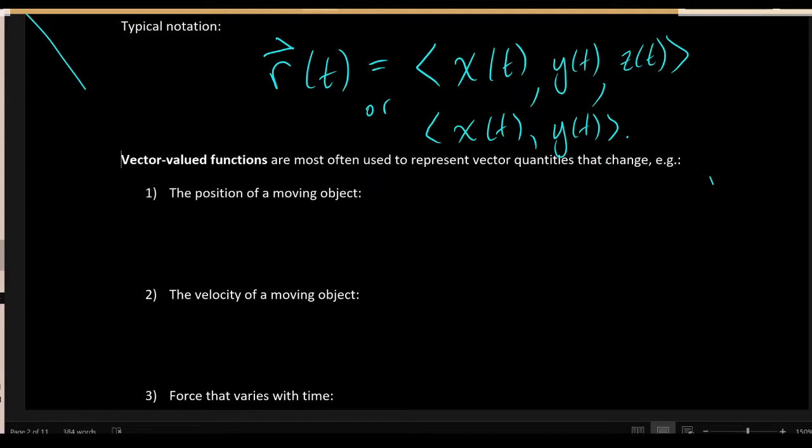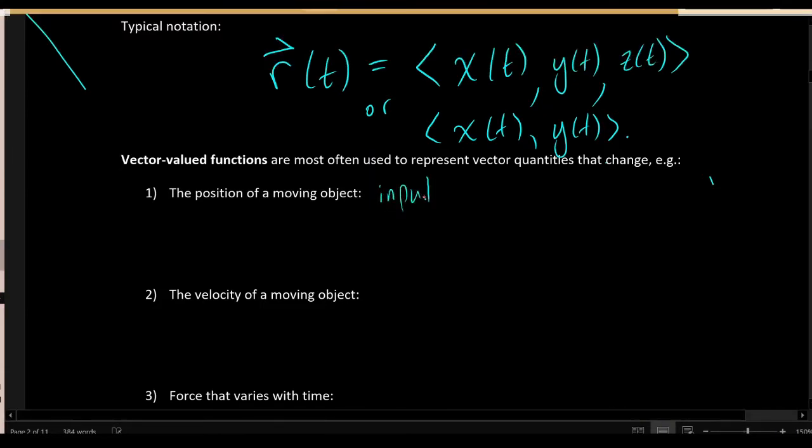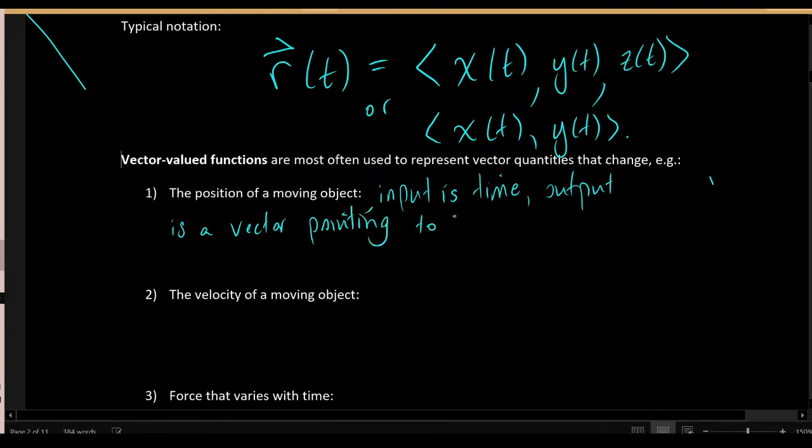So the position of a moving object can be represented by a vector valued function where the input is time and the output is a vector pointing to the object's position at that time.